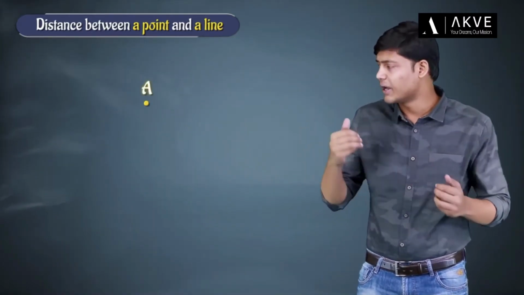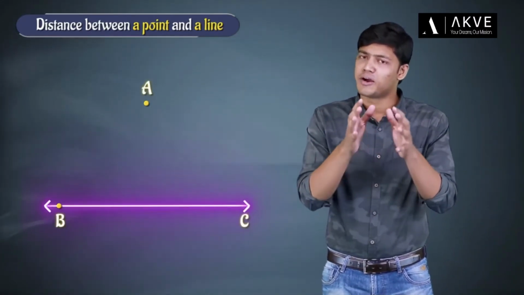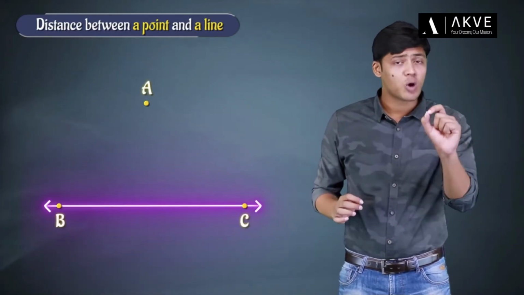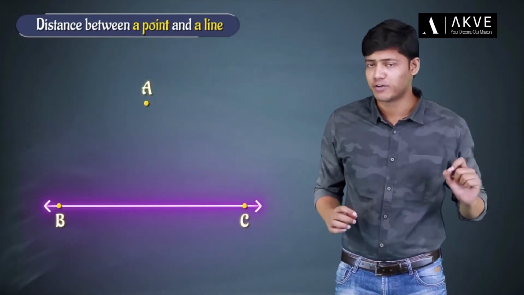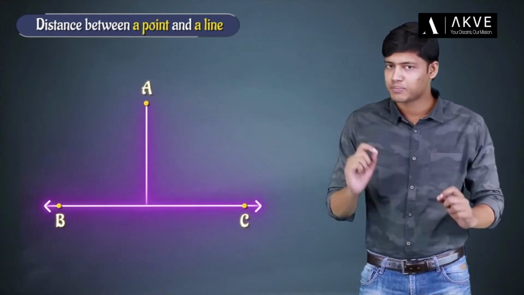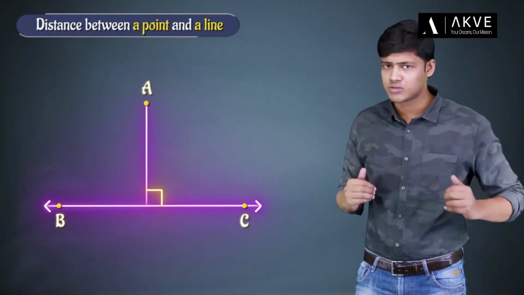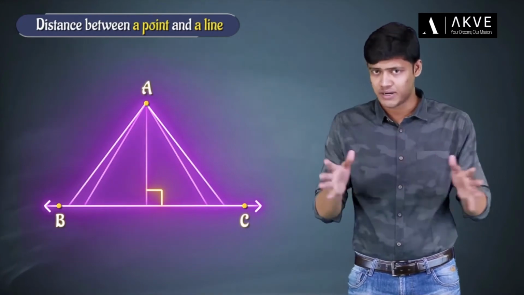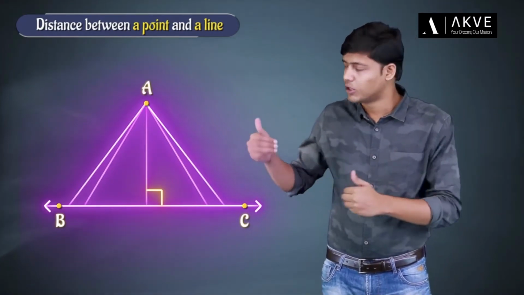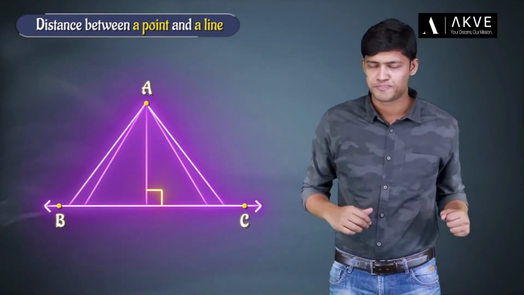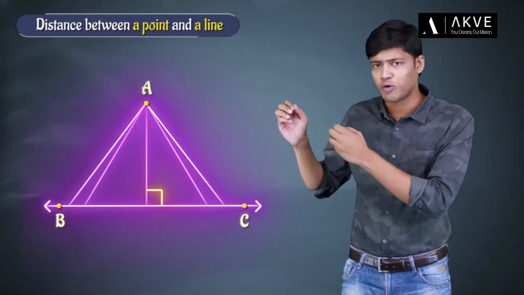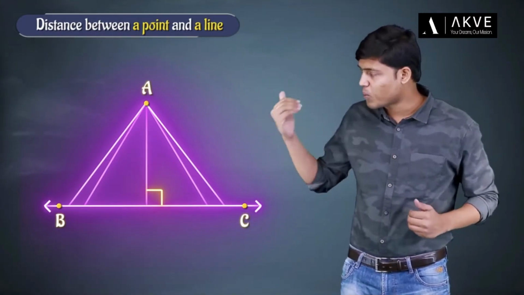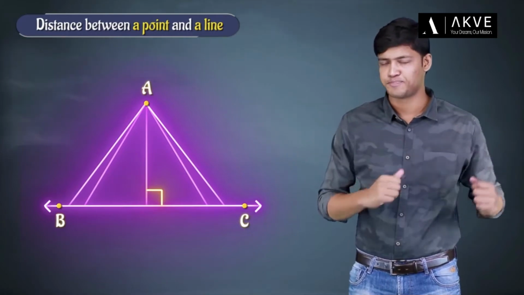So let's consider a point A and a line BC. Now let's draw a perpendicular from the point A onto the line BC. Along with this, also draw some line segments which are not perpendicular to the line from this point. So here we have 5 line segments from the point to the line BC.